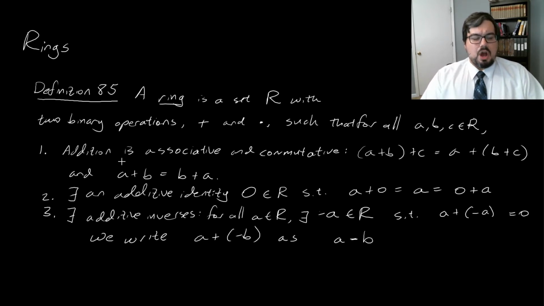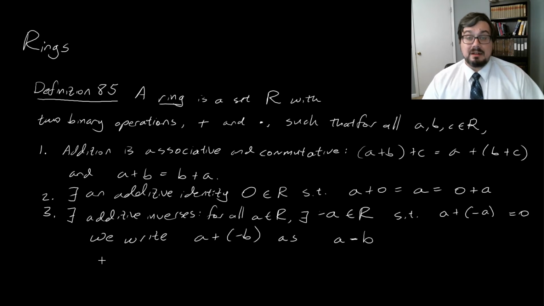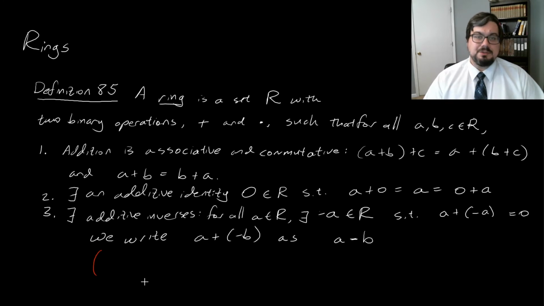So these are the 3 requirements that we have for addition. We still have the requirements for multiplication. But we can point out already that these 3 requirements look very familiar. In fact, we could have abbreviated this, and a useful way of thinking about things sometimes is the following.